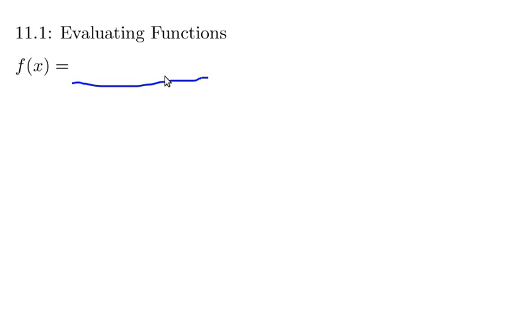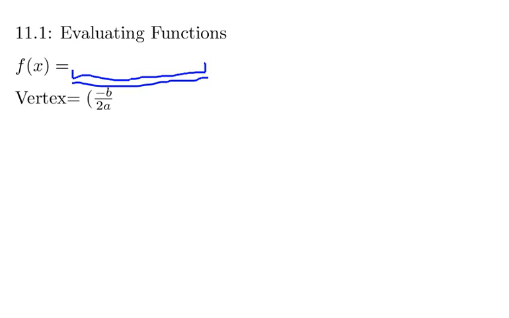Remember, we talked about whenever you're looking for the vertex of a parabola, you have f of x equals something over here, and then the vertex is equal to, let's see, what was it?